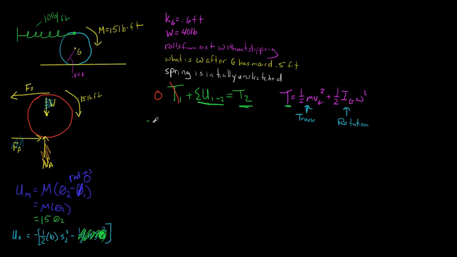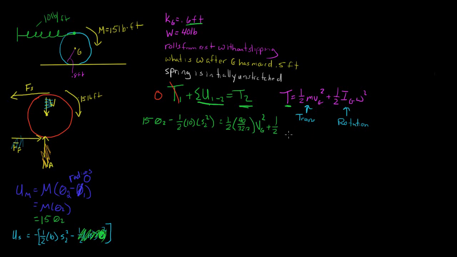So let's do 15 theta 2 minus 1/2 times 10 times the position my spring is stretched, squared, is equal to 1/2. I'm going to start putting in all my knowns, times 40 over 32.2 times the velocity of my center of mass squared plus 1/2 times my moment of inertia about my center of mass.